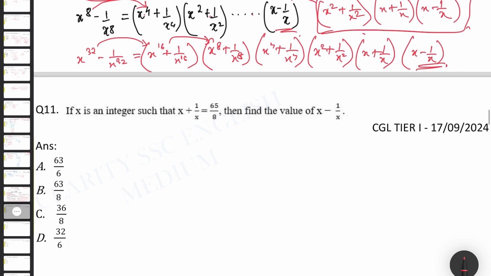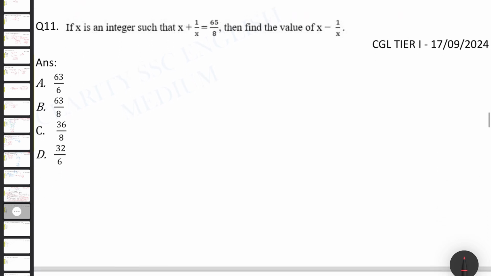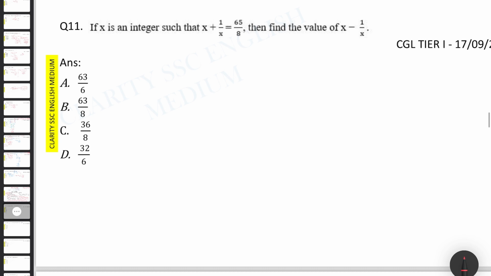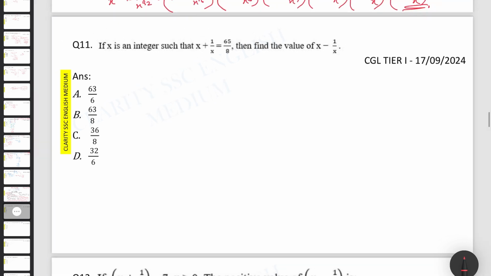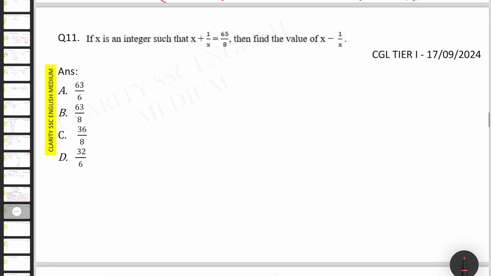Let's see some questions. The question of linkage. What I mean by linkage is the plus and the minus. The question may be given in the form of plus, and you may be asked to find in the form of minus. Let's see this. x plus 1 by x is this, x minus 1 by x is this. x plus 1 by x is 65 by 8, and x minus 1 by x?